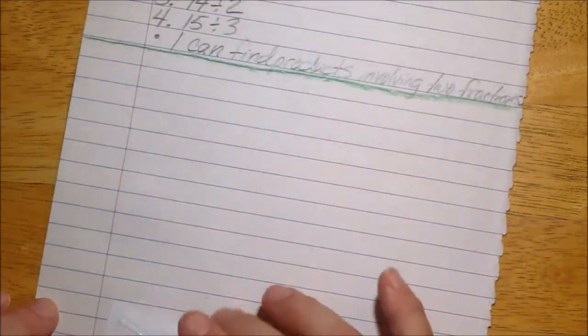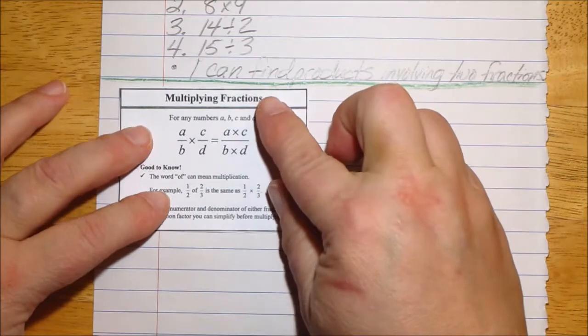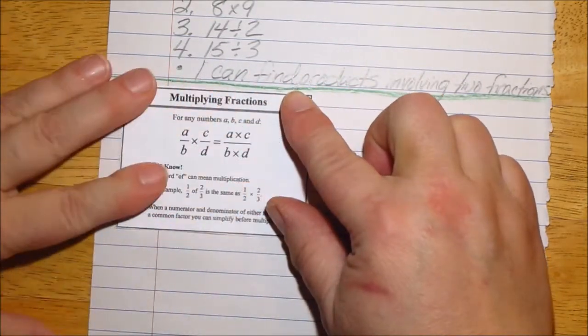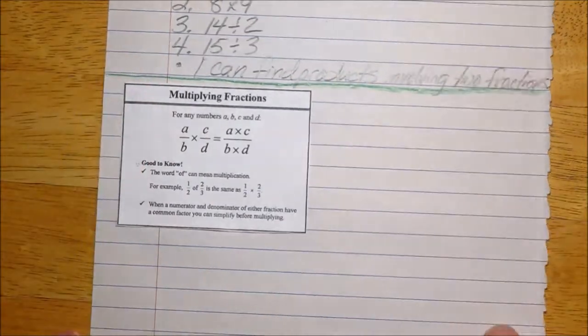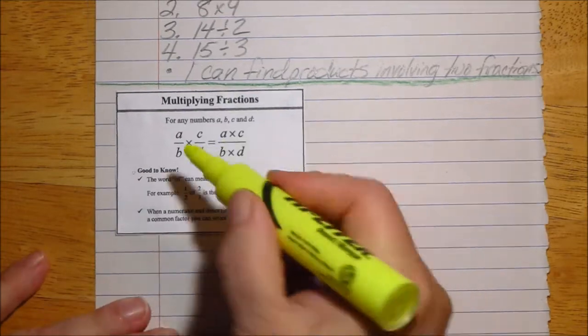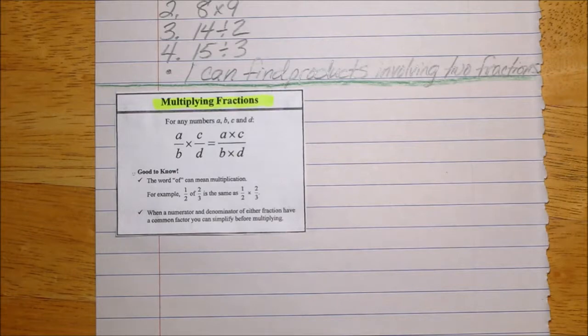Alright, so I'll flip it over and put it right into the corner here. Press it, and then we'll talk about what these instructions are telling us about our lesson today. So it's all about multiplying fractions.